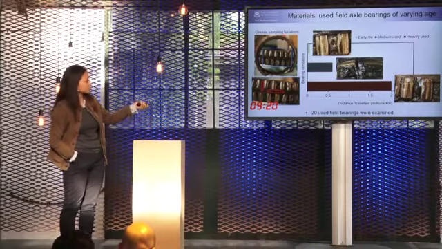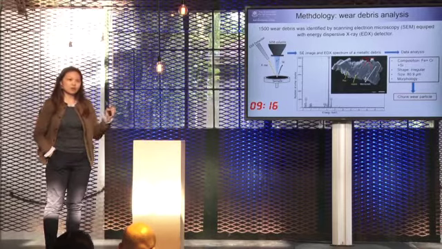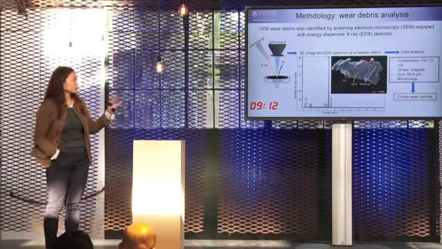The figure on the right-hand side shows the sampling location, between the cage and the rollers. About 1,500 debris particles were analyzed across these 20 used bearings.